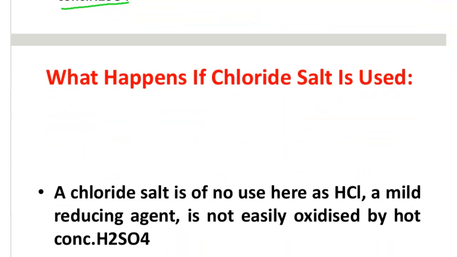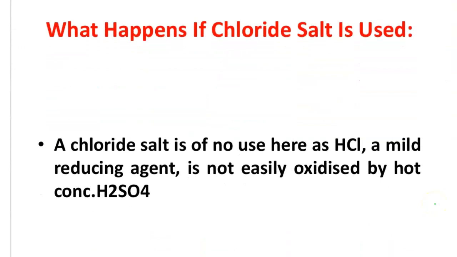Now, coming back to what happens if a chloride salt is used. We have already used bromide salt and iodide salt. Now we'll see what happens when we take a chloride salt. Again, for our convenience, we'll take KCl plus H2SO4, and the H2SO4 will be conc.